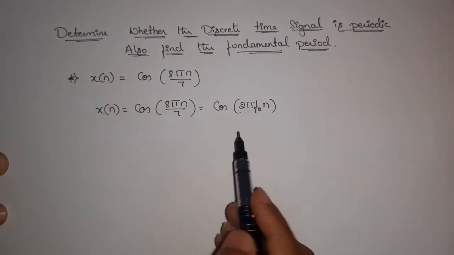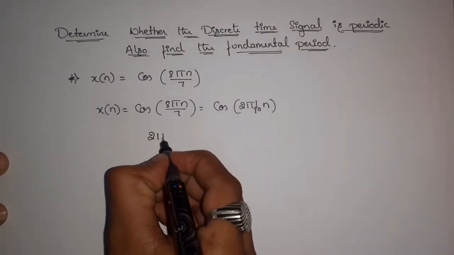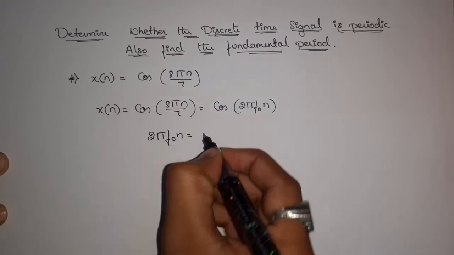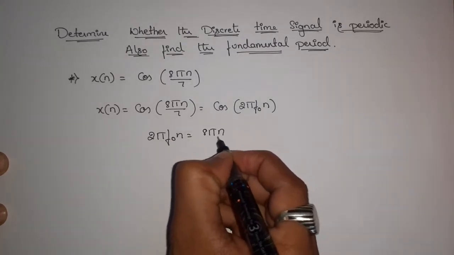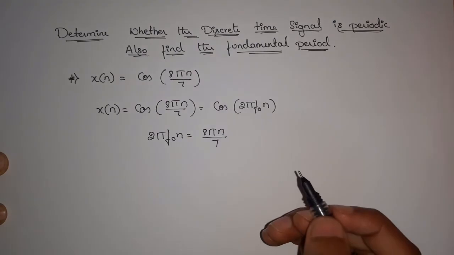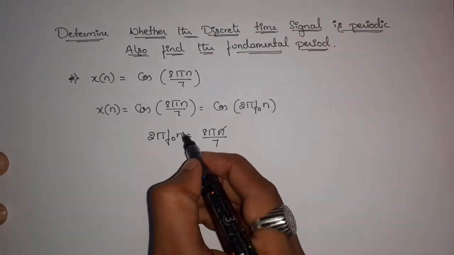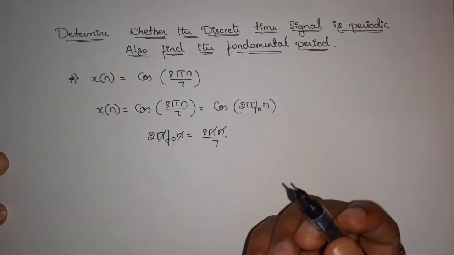Comparing these two, we can write 2 pi f naught n is equal to 8 pi n by 7. n gets cancelled, pi gets cancelled.